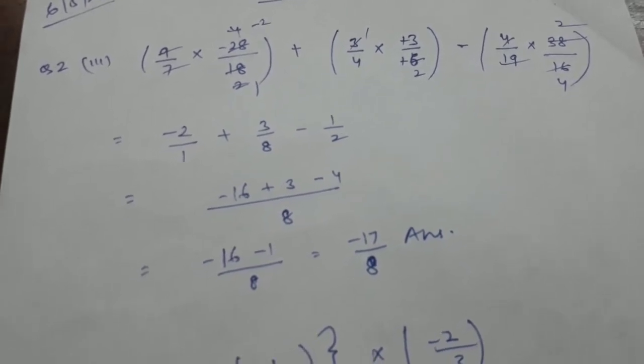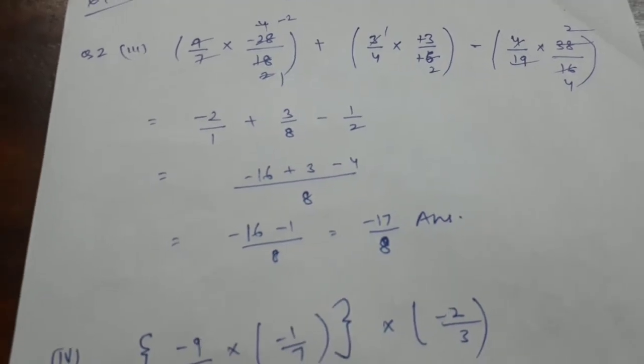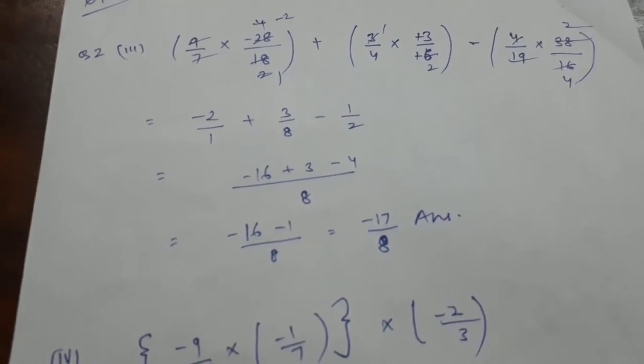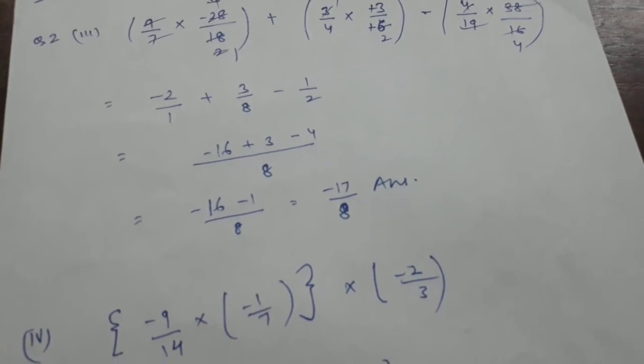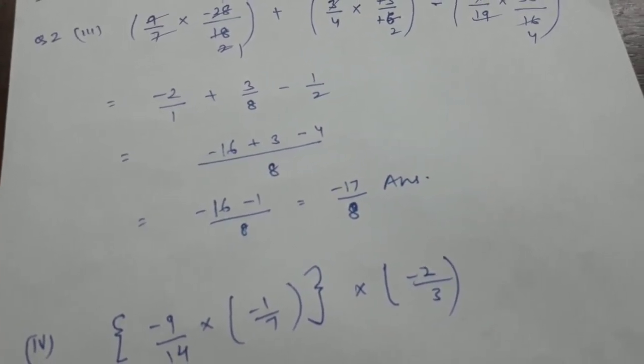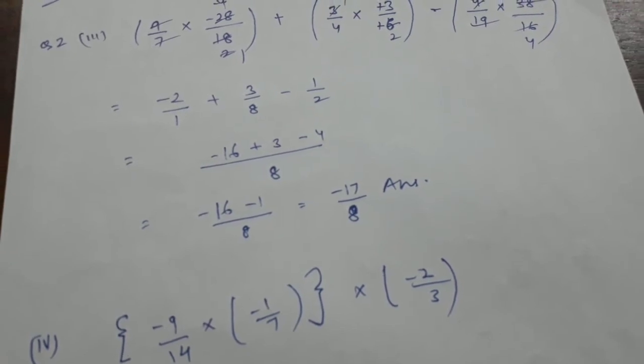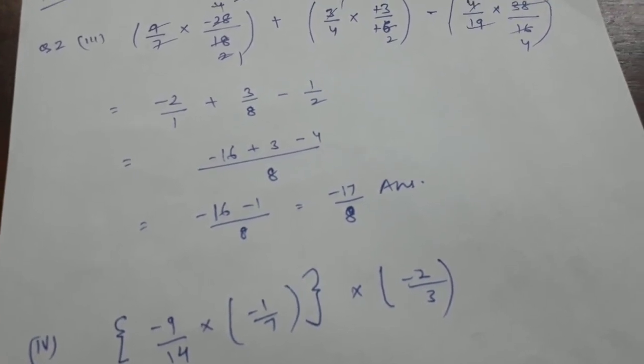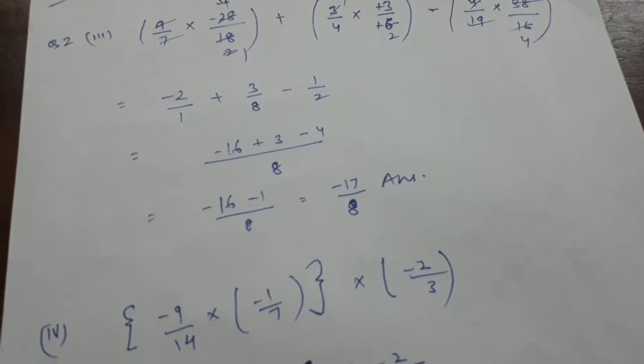After cancellation, we come out with the rational numbers minus 2 by 1 plus 3 by 8 minus 1 by 2. After having the LCMs and dealing with the numerators, we come out with minus 16 plus 3 minus 4 by 8, that is minus 16 minus 1 by 8, that is minus 17 by 8.